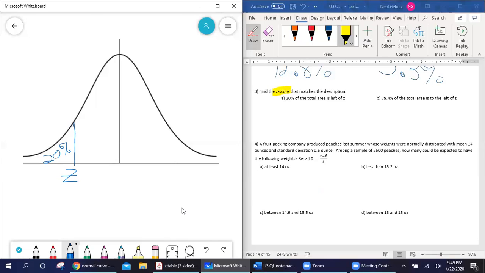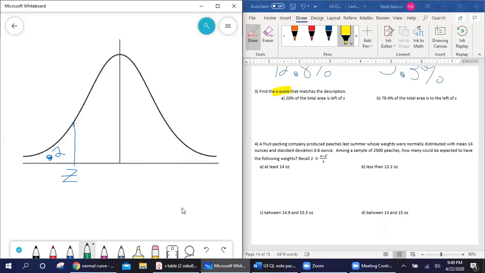I'm going to turn that into a decimal. So if I move the decimal place over twice, 20% turns into 0.2. So 0.2 is this. Now, again, my goal is to figure out what this z-score is that has that. Well, remember, my table only tells me from z-scores to the middle. So we've got to think about this.